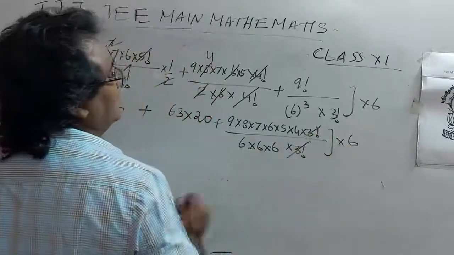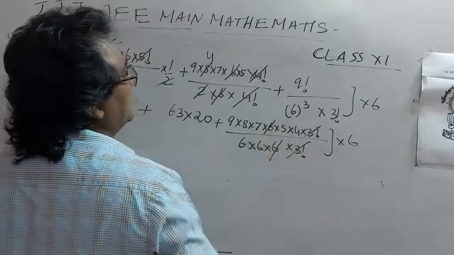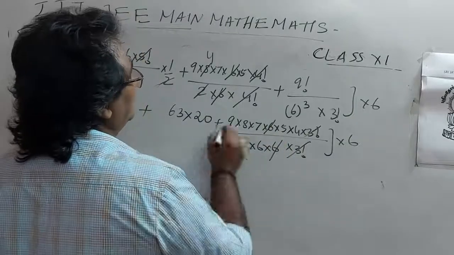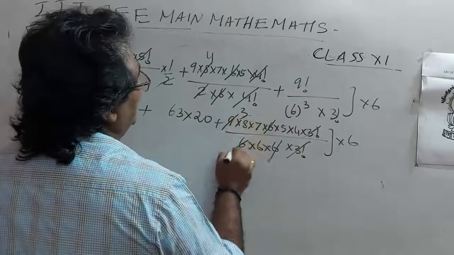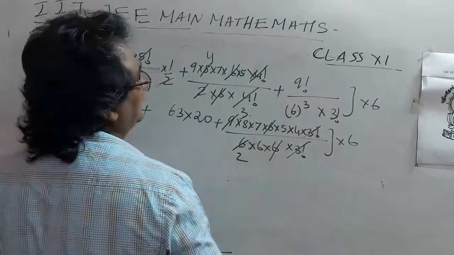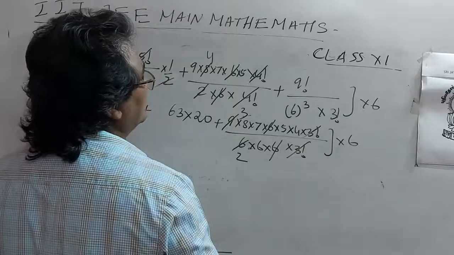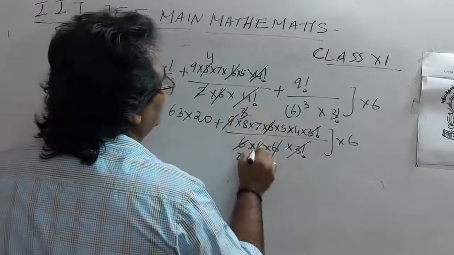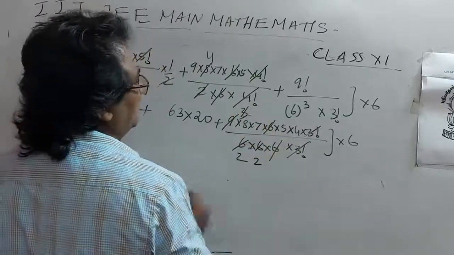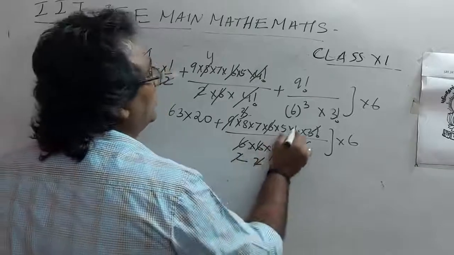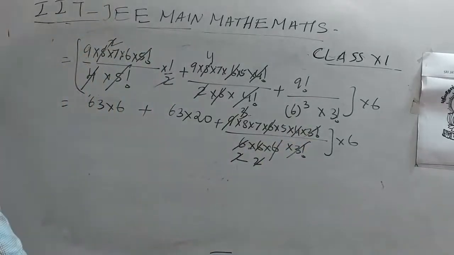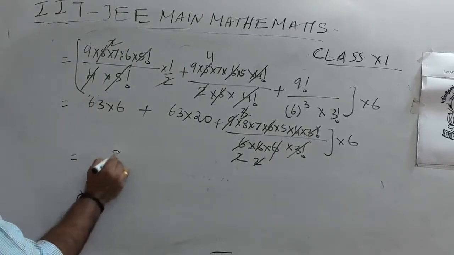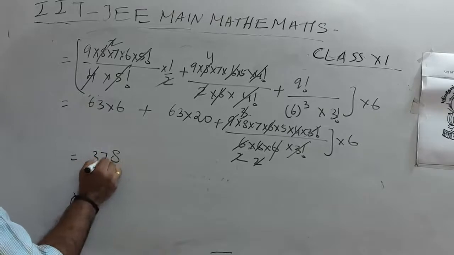This will be cancelled. 3 times 9, 2 times 6. 2 times 2 into 4, 4 will be cancelled. 378.